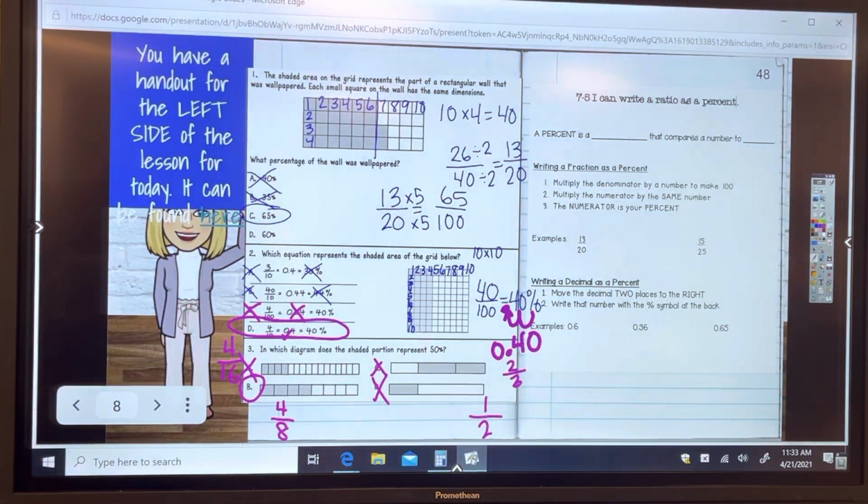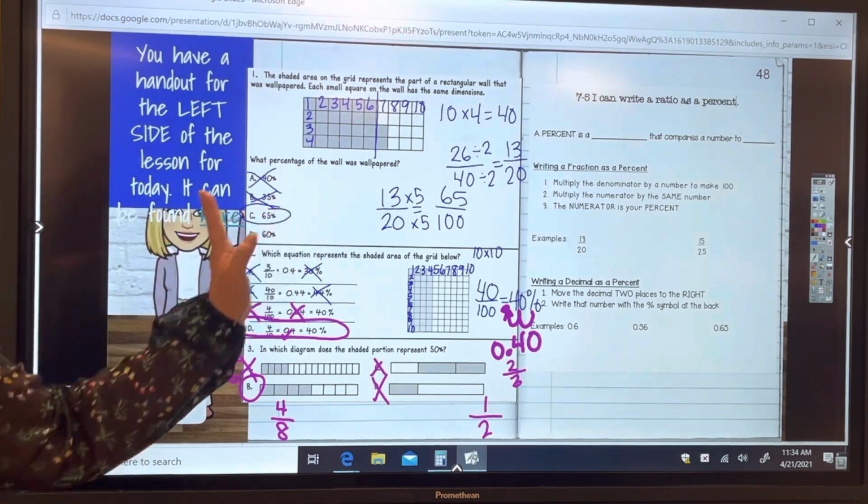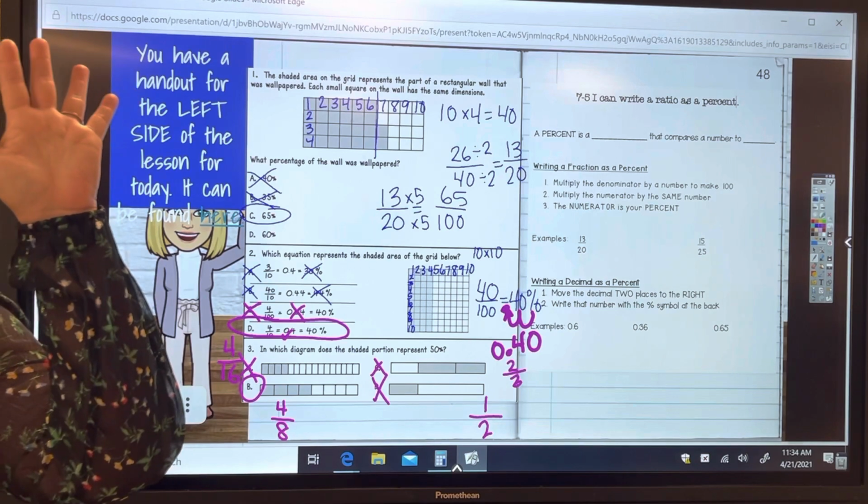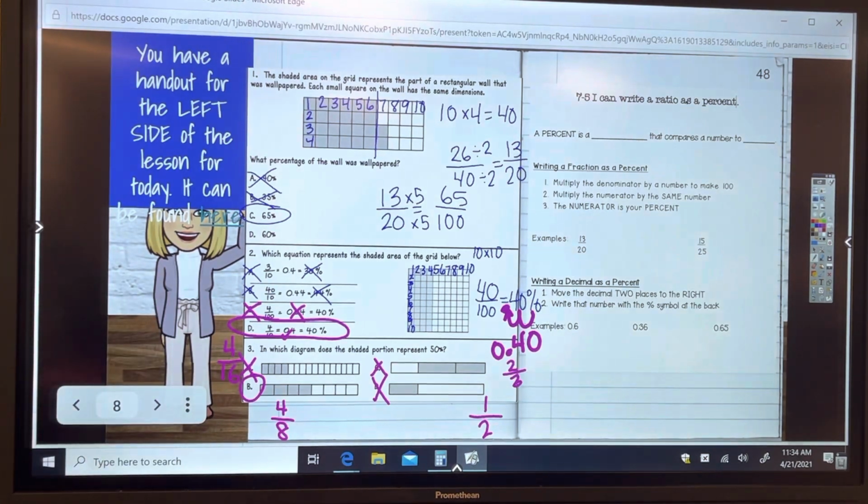Take time to do that because you don't want to accidentally click something that's not correct because you just made a mistake. Mark out the ones that you know without a doubt are wrong, okay? MAP and SC Ready both have the tool to block out answers, okay? Does everybody know what I'm talking about?